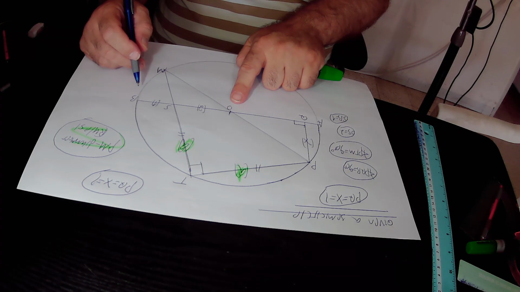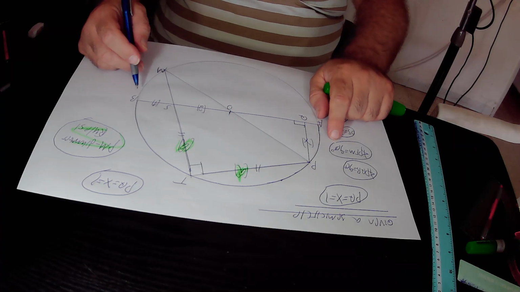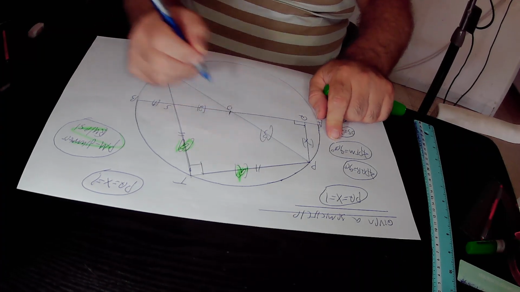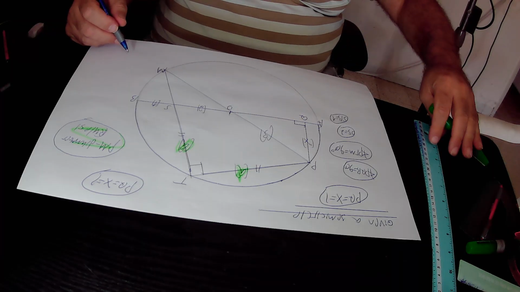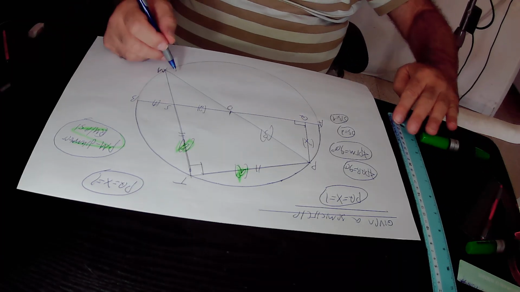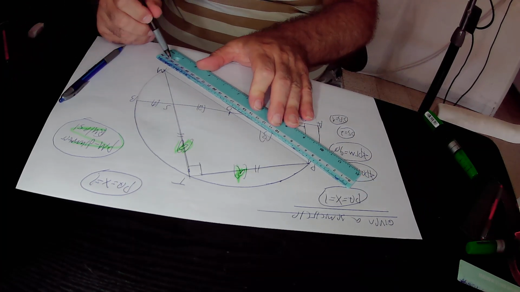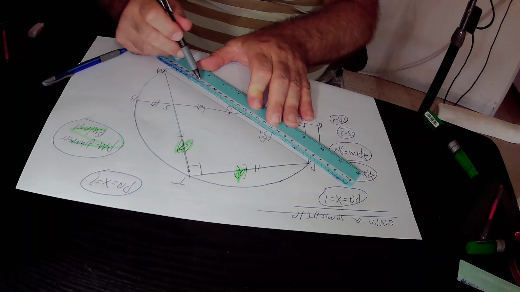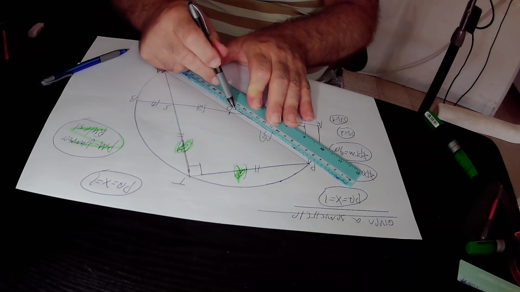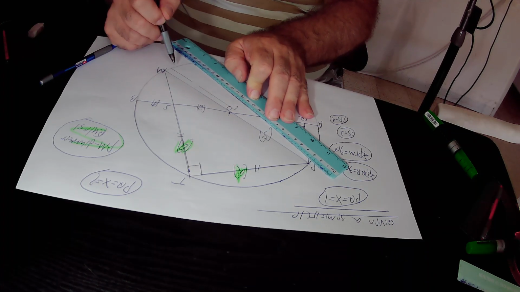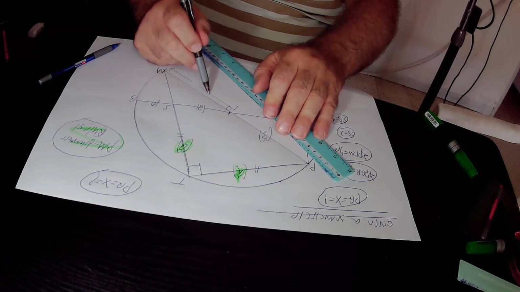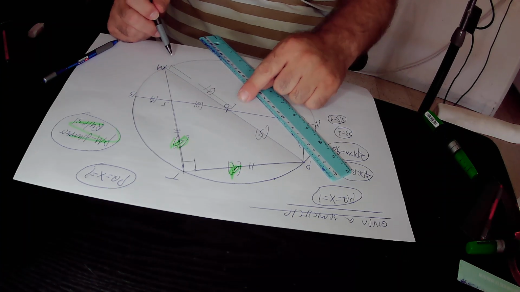So we found out that the radius of this circle equals 3 units in length. So the radius OP equals 3, and the radius OM also equals 3 units in length.